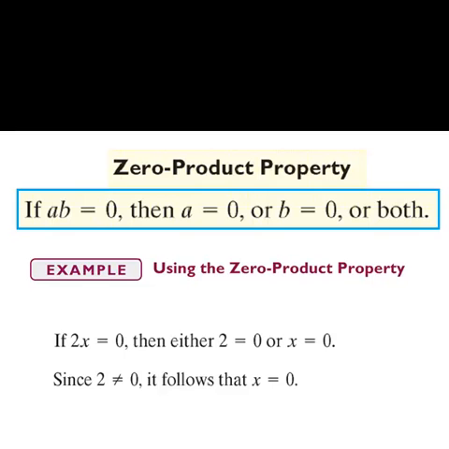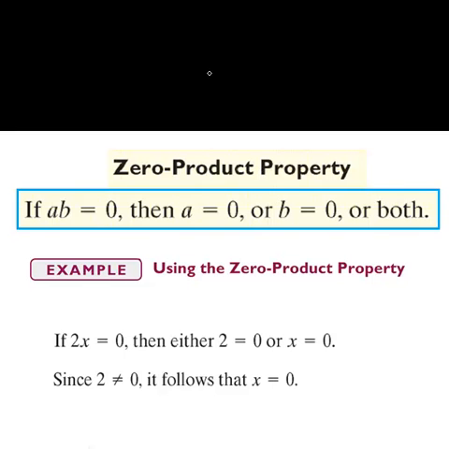We have the zero product property, which says if the product of two numbers equals 0, then at least one of those two numbers must be 0, or possibly both. We use this property a lot when we solve algebraic equations. If you have a product of two or more things equal to 0, at least one of those factors has to be 0.